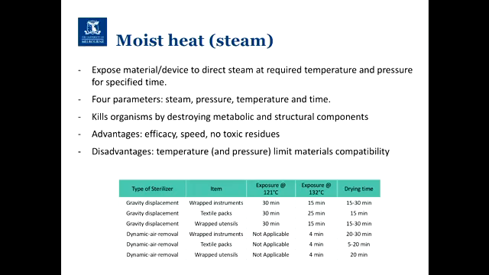So you need to have the 4 parameters for sterilisation by steam to occur: steam, pressure, temperature, time. It kills the organisms by destroying their metabolic rate and structural components, so they can no longer survive.